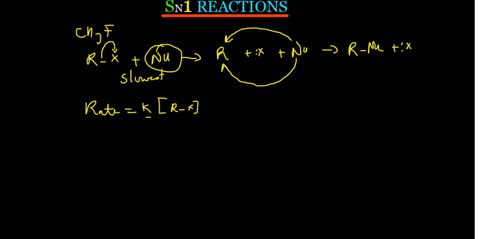That is why, even in the rate law expression, we are not including the nucleophile. So that is why this is a first order reaction. Whether you increase or reduce the concentration of the nucleophile, that is not going to affect the rate of the reaction. The rate is only affected by the concentration of the substrate, or the alkyl halide.